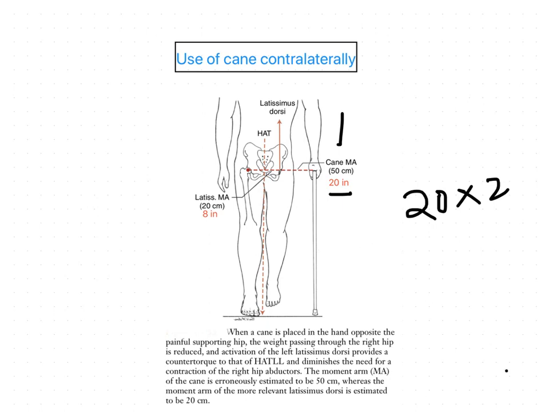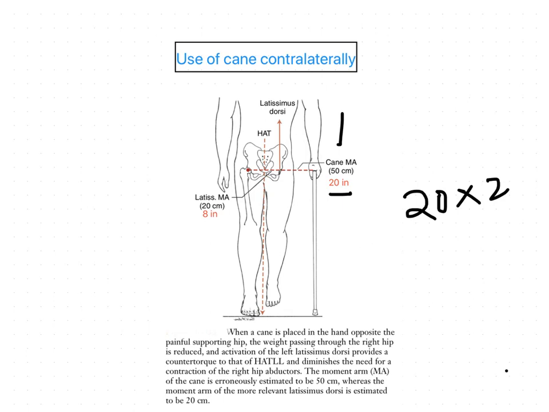Given the estimated 500 inch lb adduction torque created by gravity, 200 inch lb would be counteracted by the abduction torque of the latissimus dorsi, but 300 inch lb of abduction torque would still need to be generated by the hip abductor muscles if equilibrium is to be maintained.